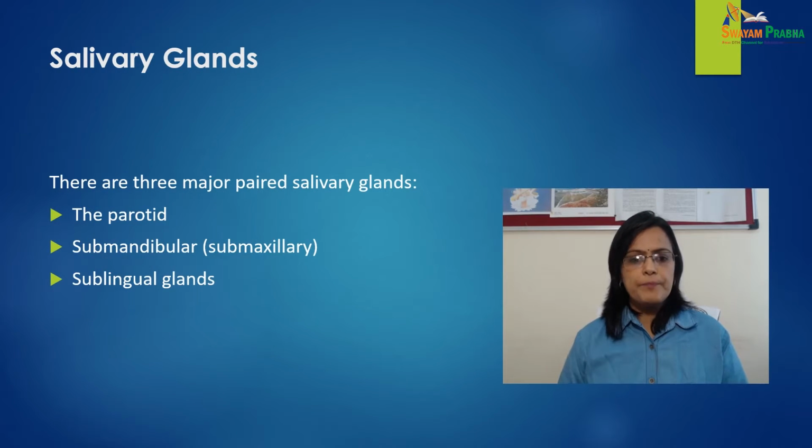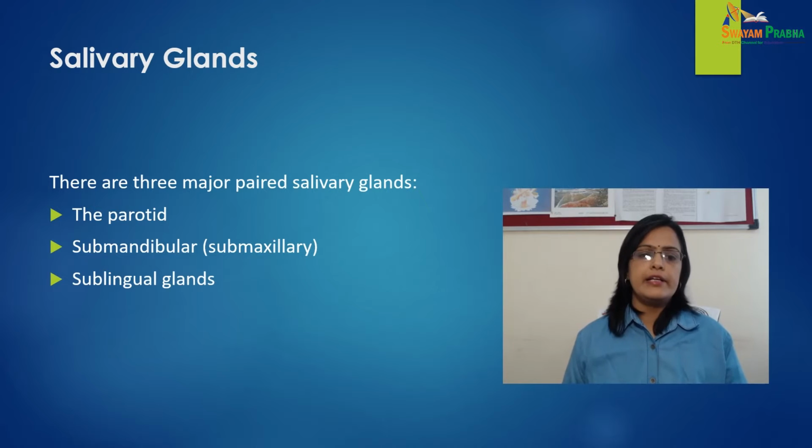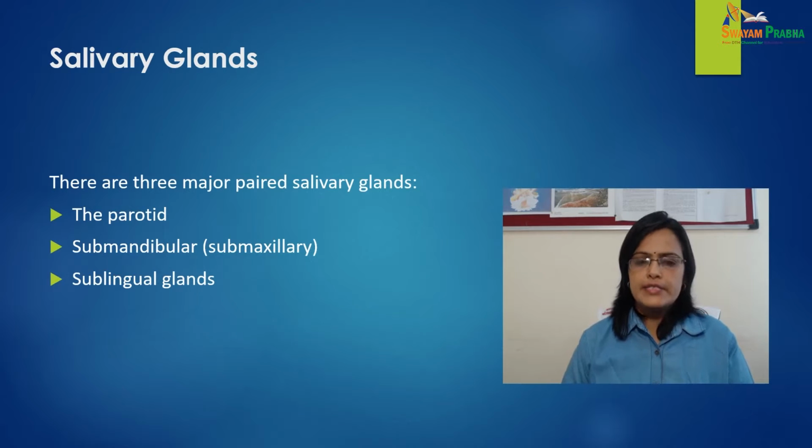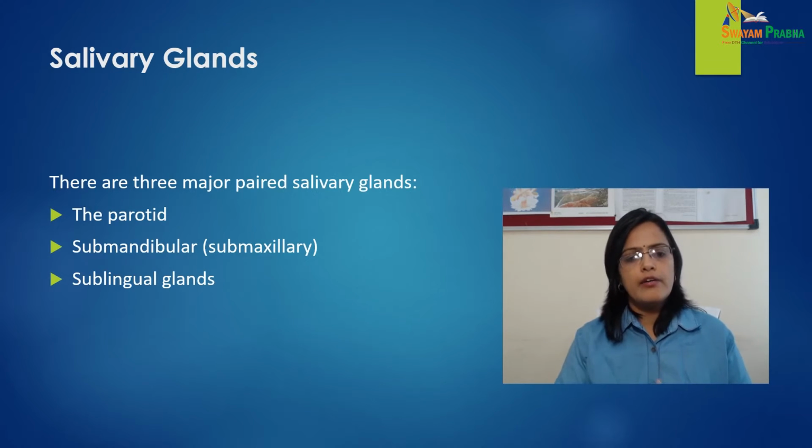Salivary glands. There are three major paired salivary glands: the parotid, submandibular and sublingual glands.